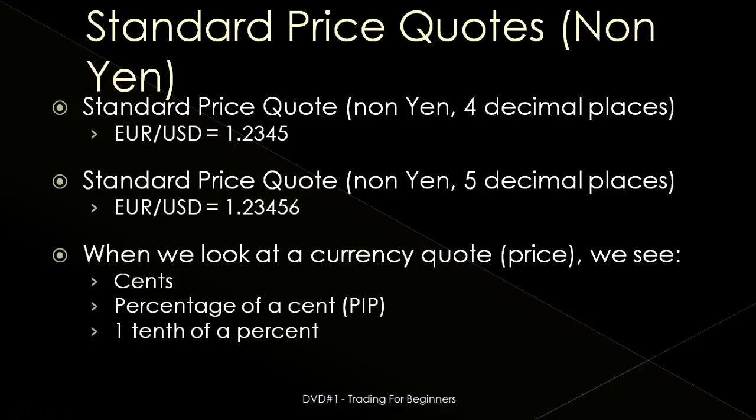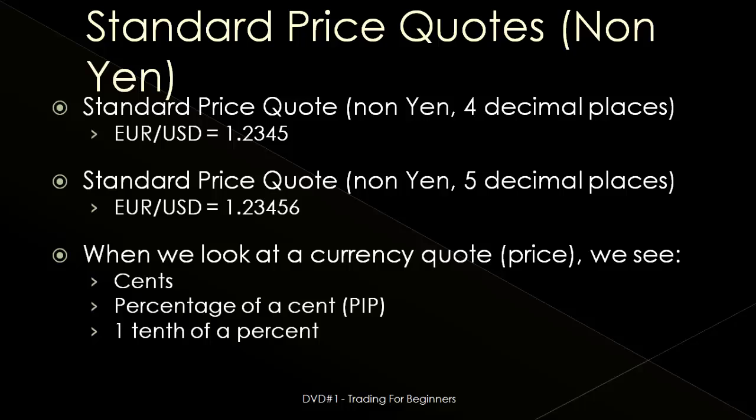Here's an example of a standard price quote, a non-yen 4 decimal places price quote. You can see the euro US dollar equals 1.2345. Next, we have another standard price quote. Again, it's non-yen, but this time it's 5 decimal places. So in this case, 1 euro will buy you 1.23456 US dollars.